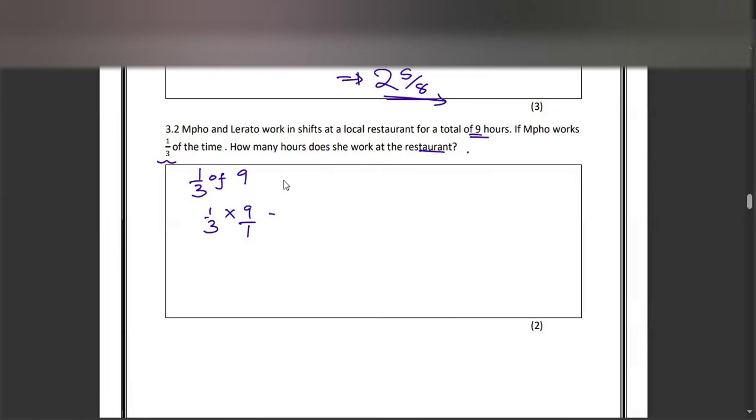Okay, 9 over 1. When you're multiplying fractions, numerators alone, and then denominators also alone. So that's going to be 9 divided by 3. How many 3s are in 9? There are only 3 hours. So Lerato works only for 3 hours.